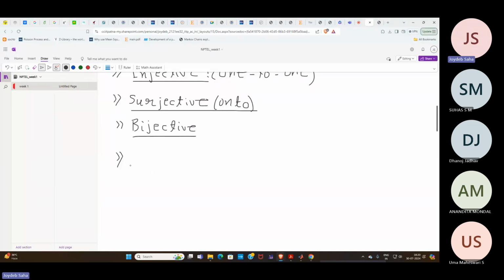Let's say there are 4 relations: -4, 3; 6, -3; -2, 3; and 1, -3.